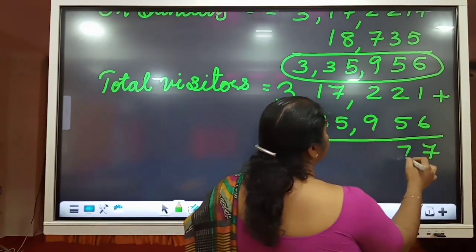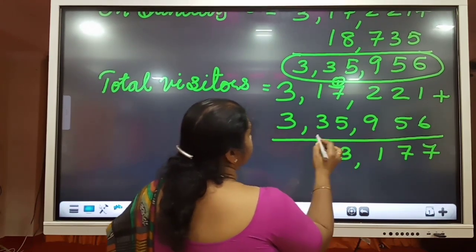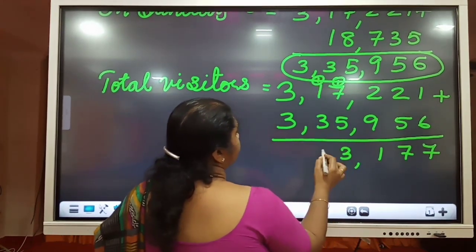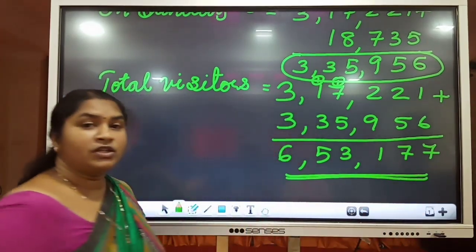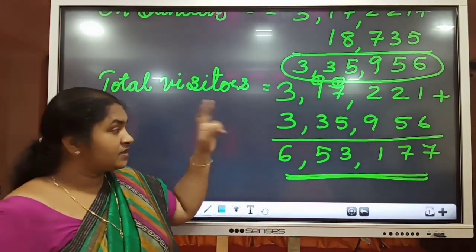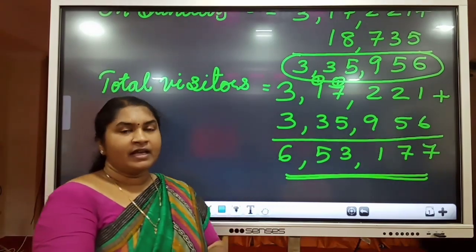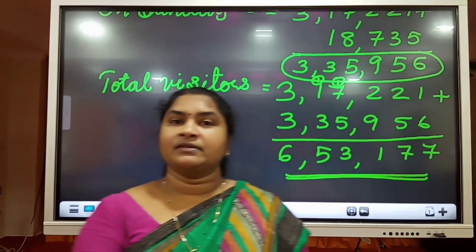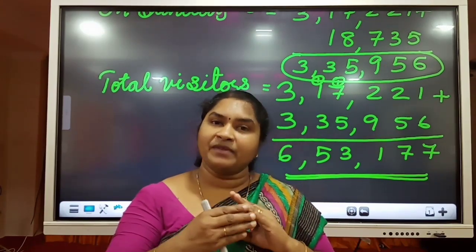So from the right side, see, in those 2 days, 6,53,177 visitors were allowed to see the exhibition. You understand? So here 3 questions we have discussed.